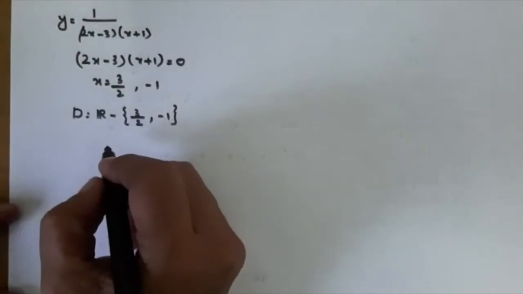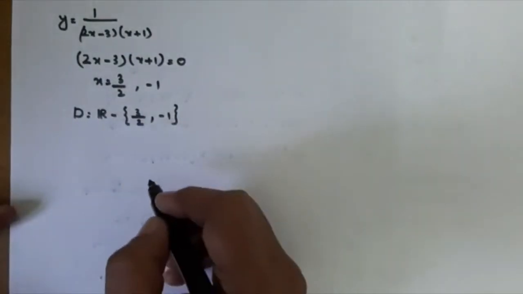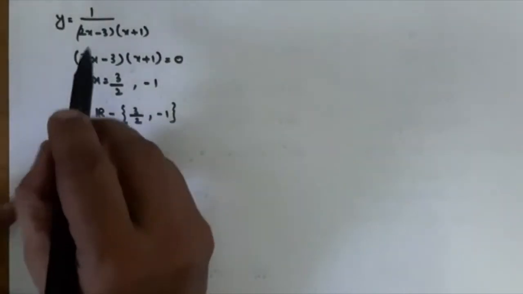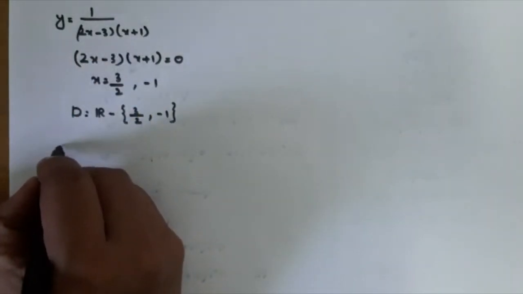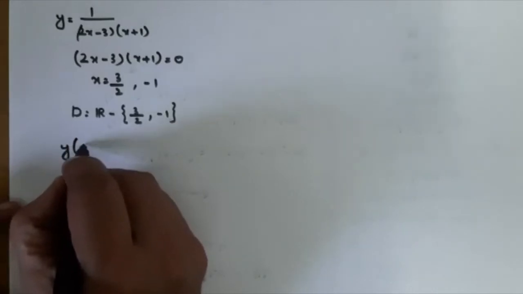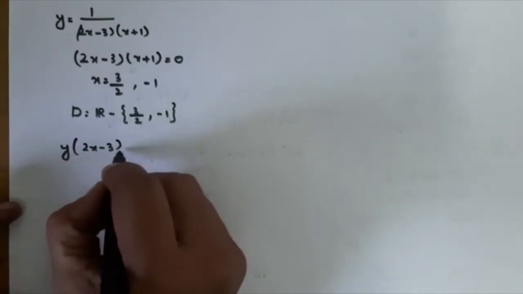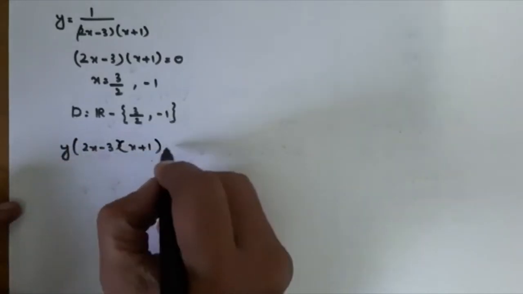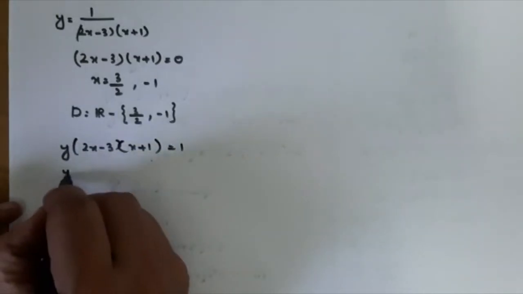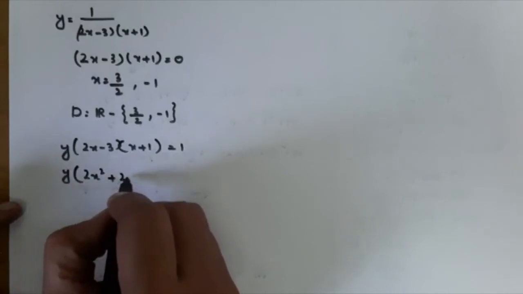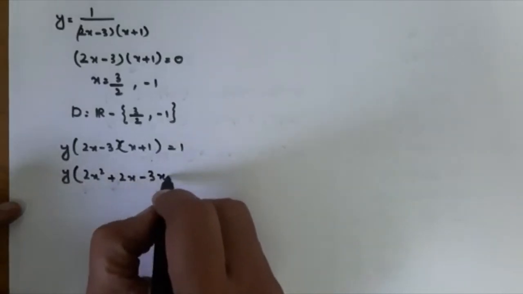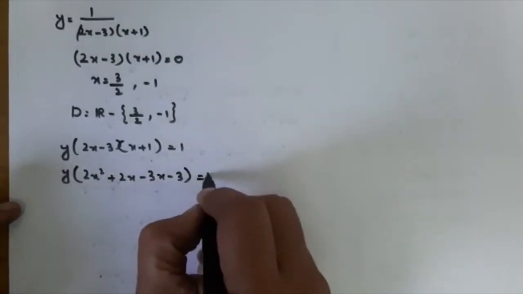Now, what are the other answers? What about y? y equal to 1 by (2x minus 3) into (x plus 1). Cross multiplying this, what will you get? y into (2x minus 3) into (x plus 1) equal to 1. That is y into (2x square plus 2x minus 3x minus 3) equal to 1.